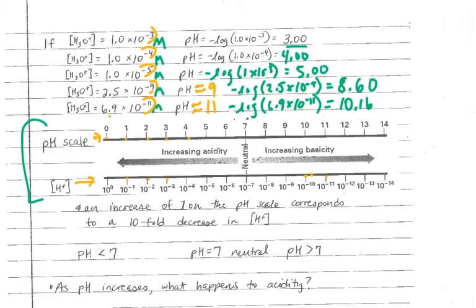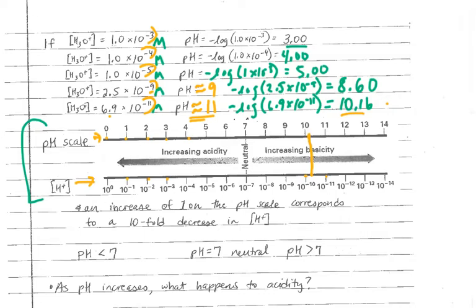That'd be right about here, which means that we should have a pH of about 10.16, and that is indeed what we got when we calculated it. So using that estimation technique is really good to mentally check your answers to make sure that your calculator is giving you the right answer. So I encourage you to do that.